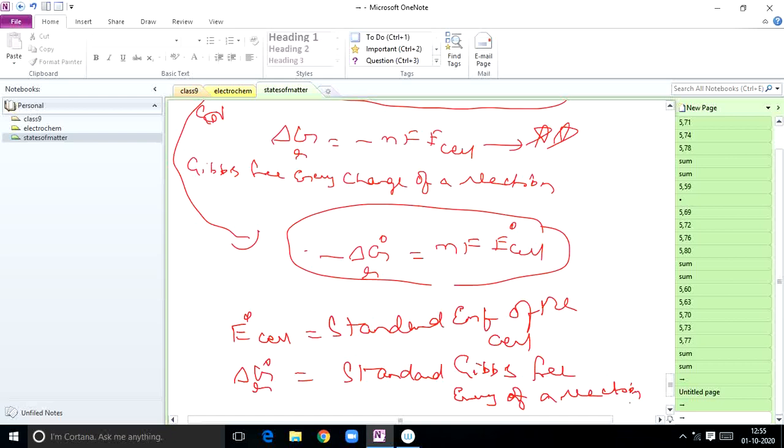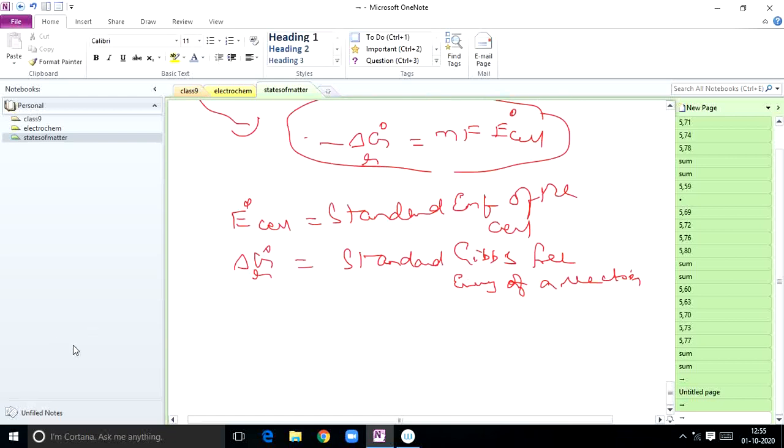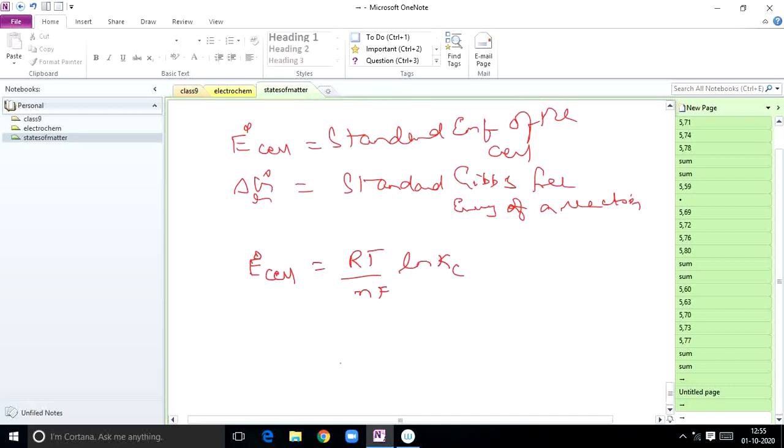We know already E naught of this cell is equal to RT by nF into ln Kc. This is E naught cell of the cell.